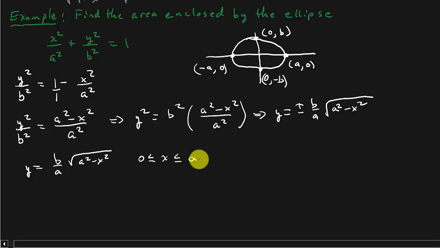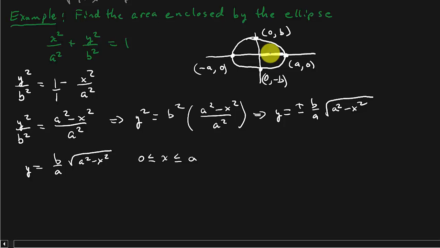Let me explain this. You might be wondering, why are you only using the plus and not the minus? I'm using the top half, and I'm doing x between 0 and a. It's in between here.